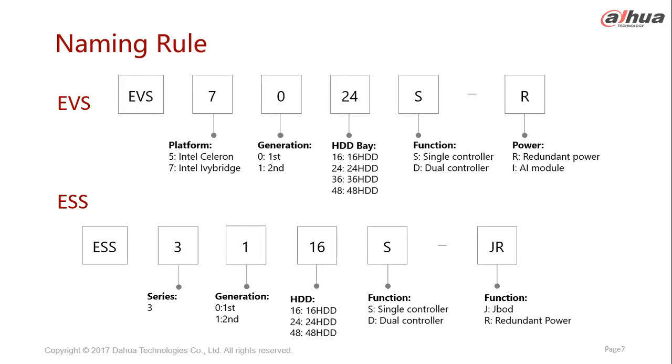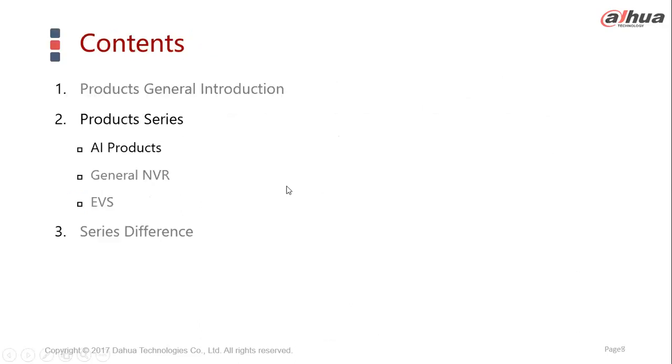Generation, the number of hard disks the EVS supports. So you have EVSs that support even up to 48 HDD, each hard disk with a capacity of up to 16 terabytes. So you can do the calculation and see the maximum storage that EVS can support. So control and power. ESS is not important for this coursework.